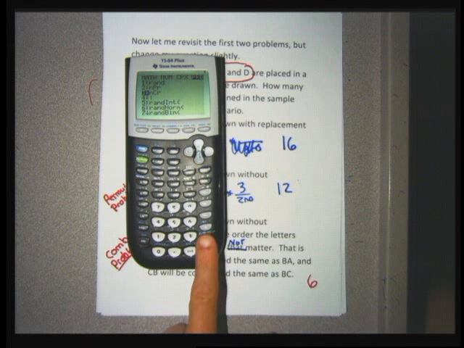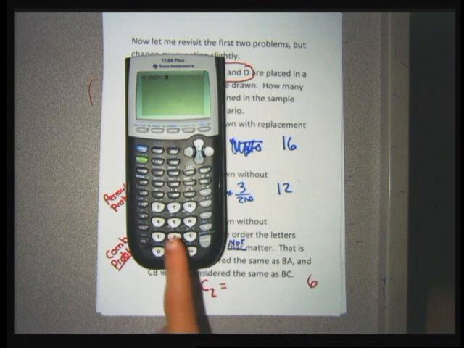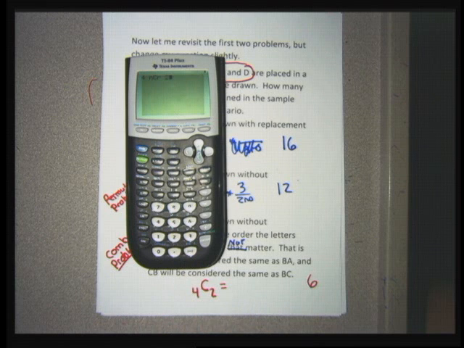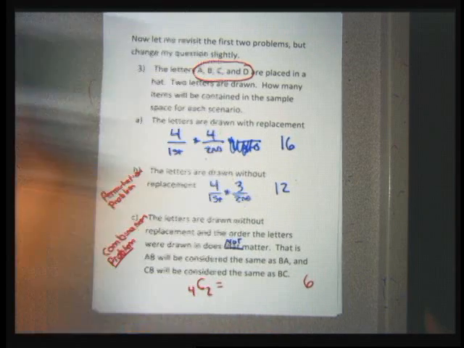If I hit enter on nCr and then type the number 2, so from a group of 4 I'm picking 2, I'm not allowed to write the letter twice, and the order that I write the letter in doesn't matter, and I hit enter, it gives me this 6. I'll show you how to do this without a calculator, but it's a nuisance, in a bit.